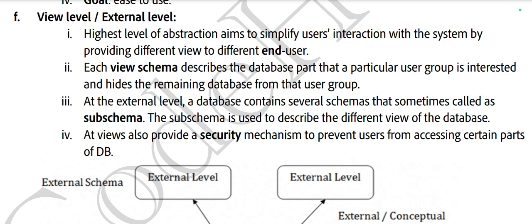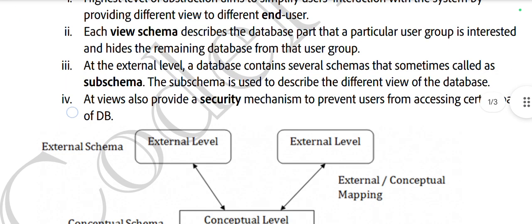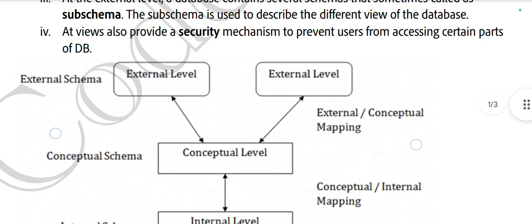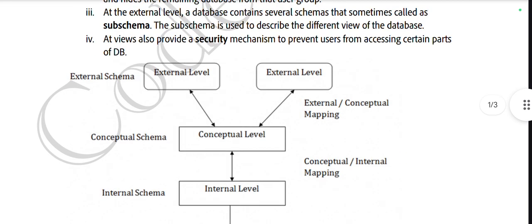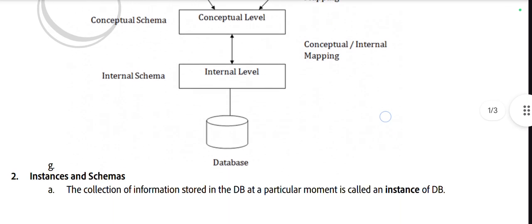It can access only what is authorized to it, not the whole database. You can see the external level schema, conceptual level schema, internal level schema, and physical disk: how the data will be stored on the disk or storage.